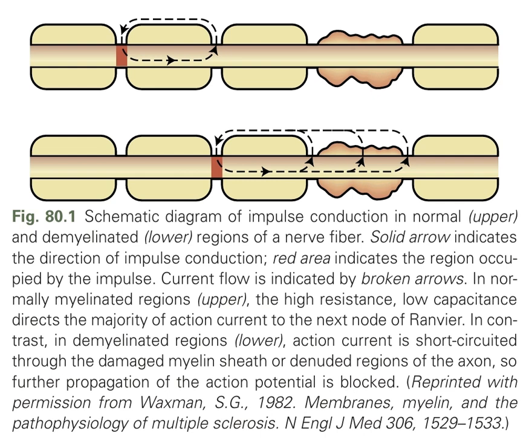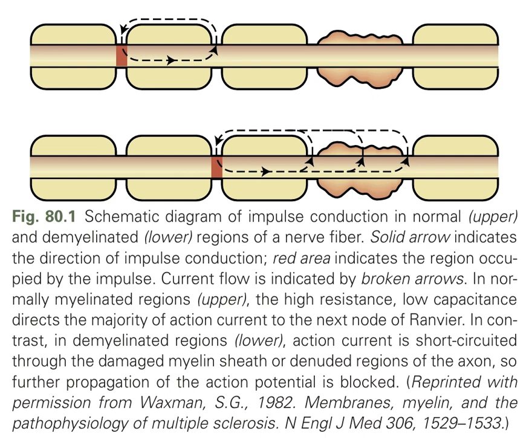Look closely at the broken arrows. In this lower section, instead of a single efficient current jumping cleanly to the next healthy node, the electrical current gets short circuited. The current leaks out through the damaged, denuded region of the axon.